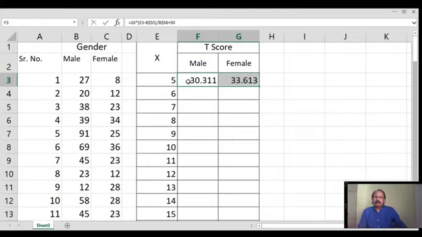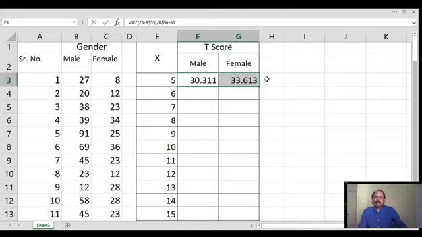We have to copy the formulas written in F3 and G3 into all the remaining rows downwards. As we have discussed in previous videos, to copy and paste the formula, we just have to bring the cursor over the tiny square seen at the lower right side of the selected cells.